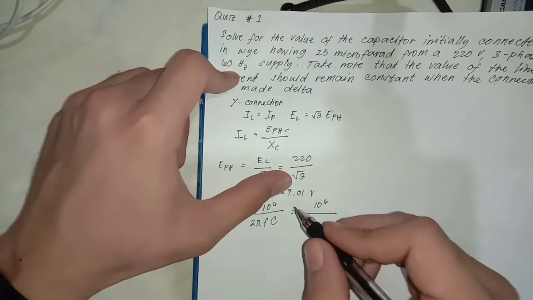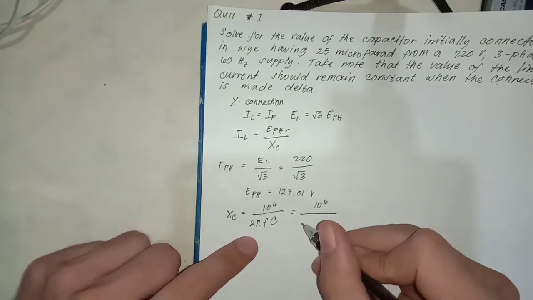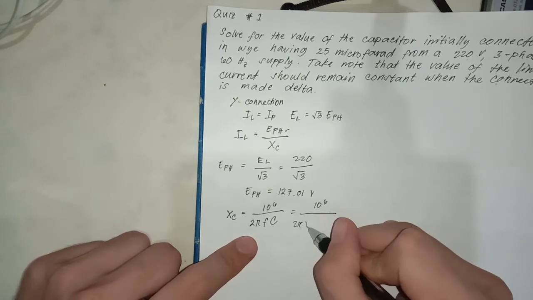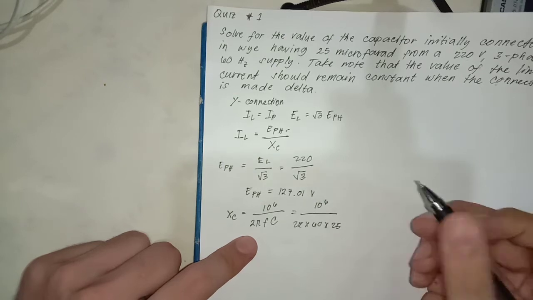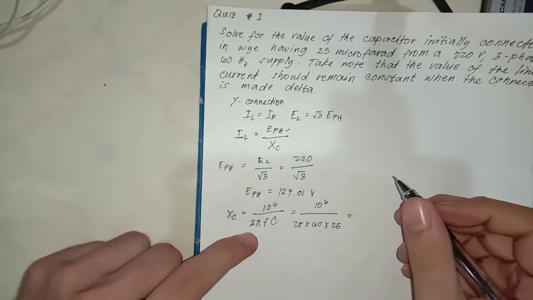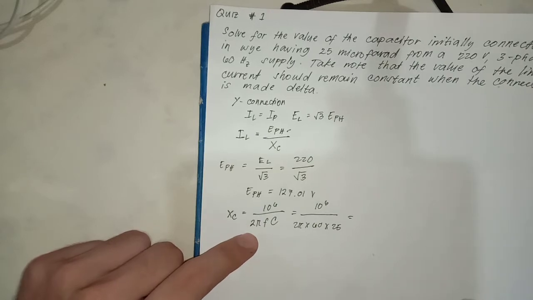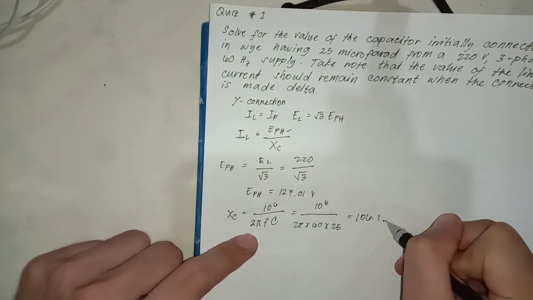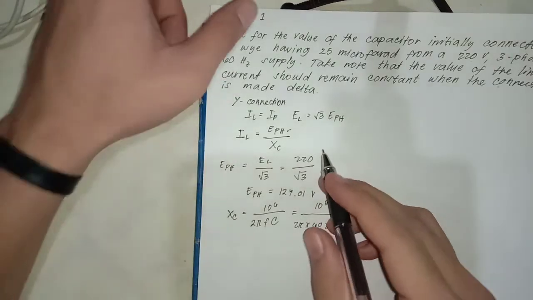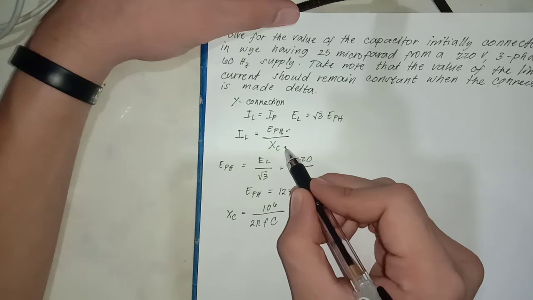So we can now solve the capacitive reactance. 2 pi times 60 times 25. So calculator, we got the value of 106.1 ohms.